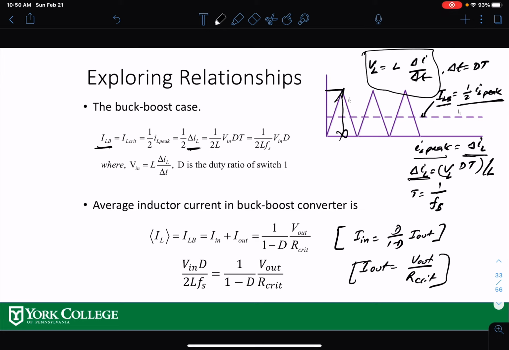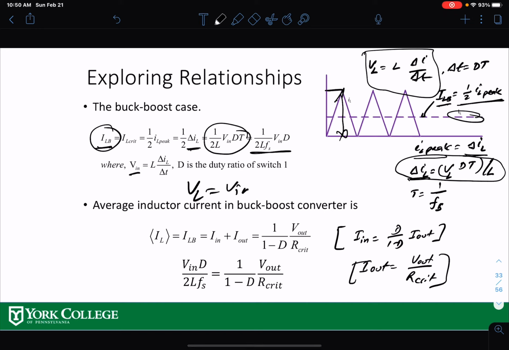If you bring the equation back here, that's the equation for your average inductor current at the critical condition. And if you put T equal to 1 over F, you get this equation over here. Also, when switch 1 is on, we're using D for switch 1, and your VL is V in.